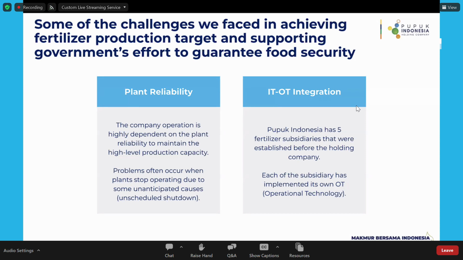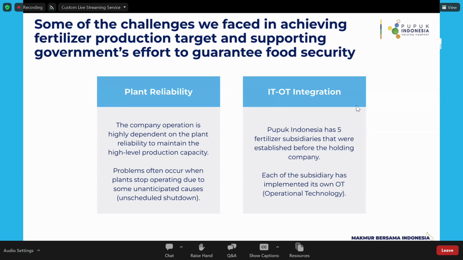Sometimes we cannot detect symptoms of a problem that will potentially lead to an unscheduled shutdown. This is very costly for us because we can lose sales opportunity, and it also incurs quite a high cost to start up the factory and start the production again. So it's very critical for us to maintain plant reliability.